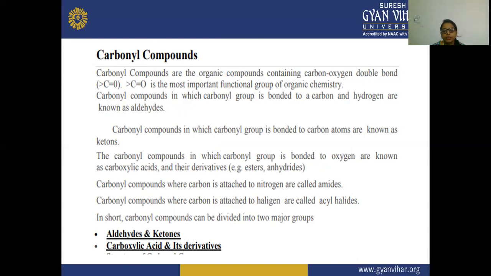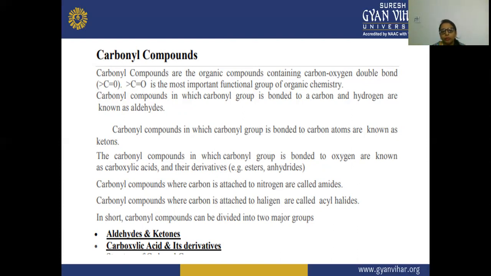If one side is attached to a halogen and the other side is an alkyl or acyl group, then it is an acyl halide. So these are the carbonyl compounds that contain this carbonyl functional group.